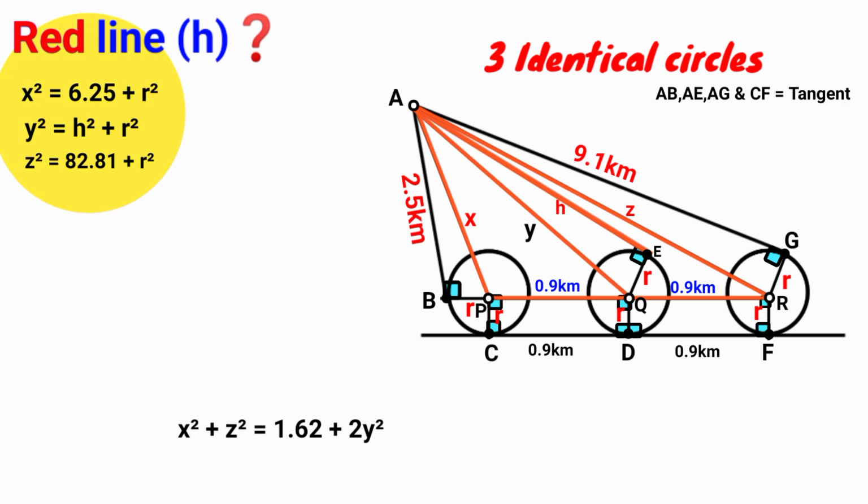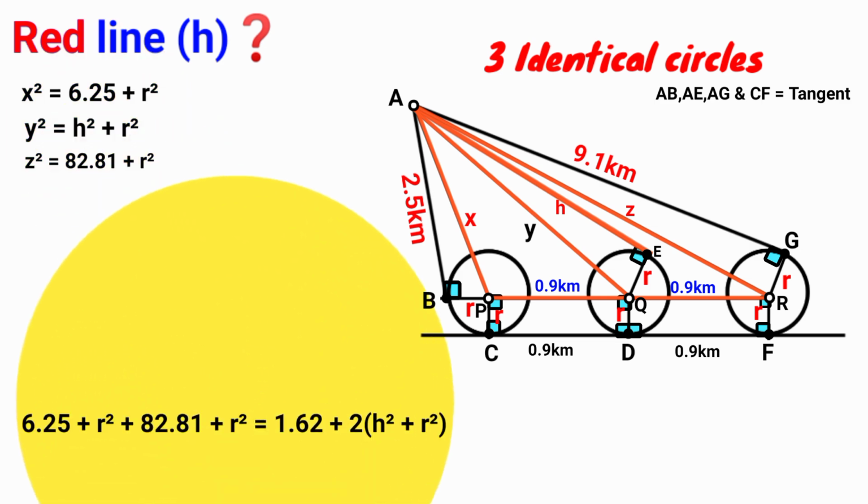We come back to these values. x squared equals 6.25 plus r squared. y squared equals h squared plus r squared. And z squared equals 82.81 plus r squared. Substitute them here.